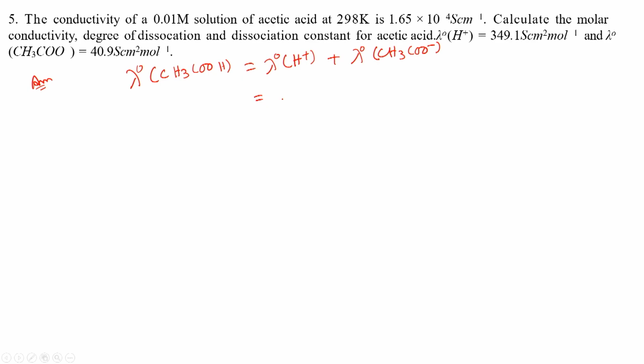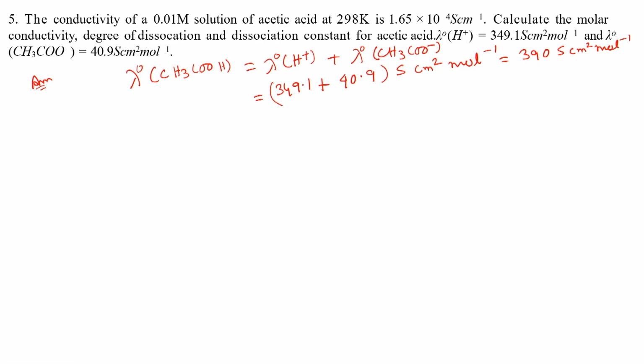So, now we put the values. Lambda naught H plus is 349.1 and lambda naught acetate ion is 40.9. So, this is S centimeter square mole inverse. If we calculate this one, we get 390 S centimeter square mole inverse. So, lambda naught we got.